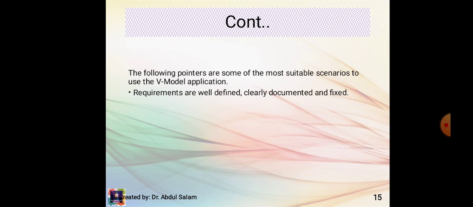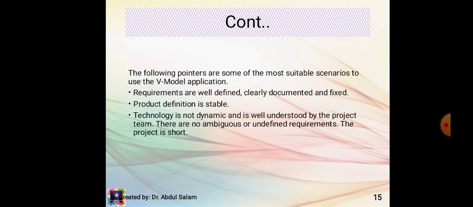The following pointers are some of the most suitable scenarios to use the V model application. Requirements are well defined, clearly documented, and fixed. Product definition is stable. Technology is not dynamic and is well understood by the project team. There are no ambiguous or undefined requirements. The project is short.